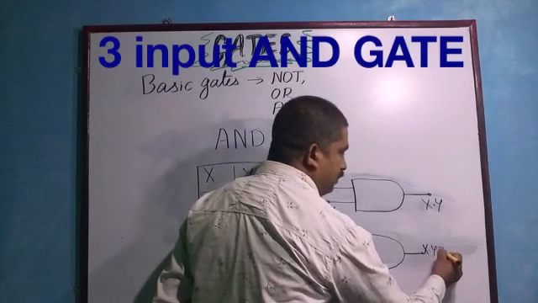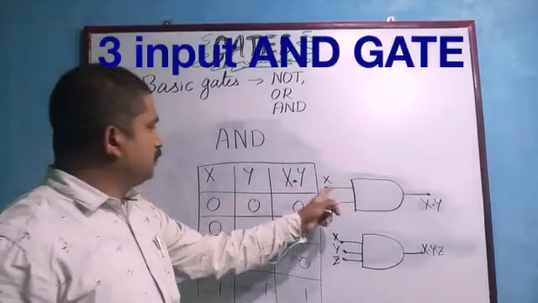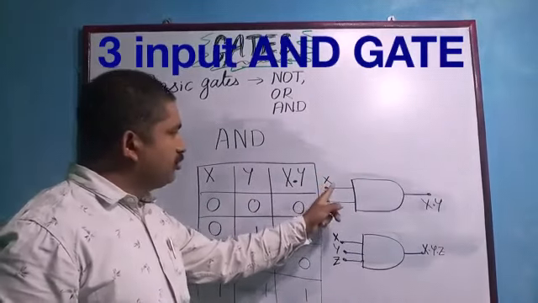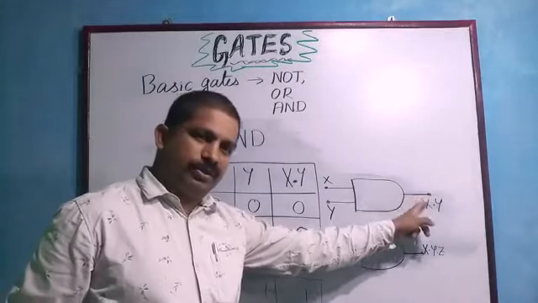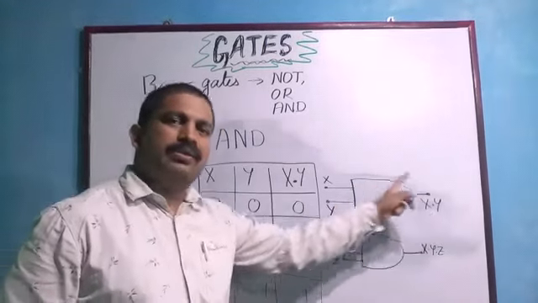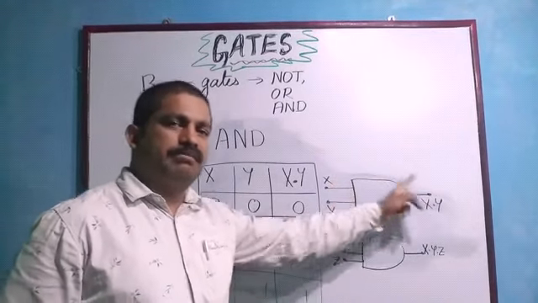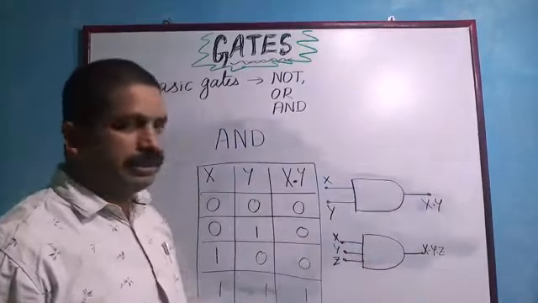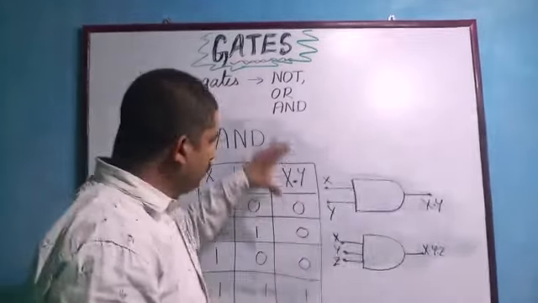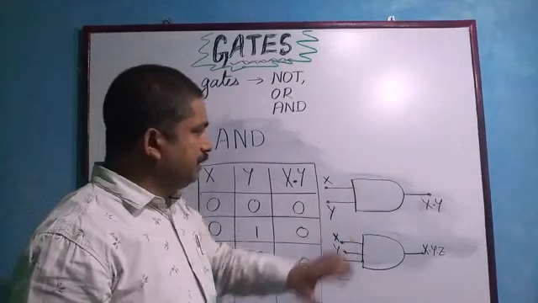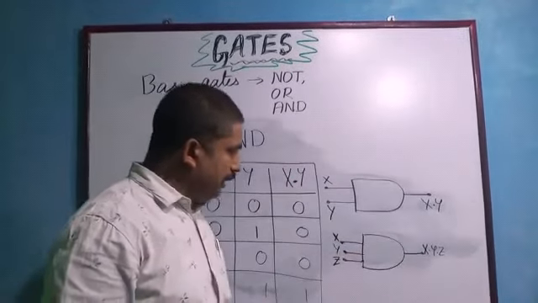X into Y into Z. Okay, here also you can put the signals 0, 0. What is the output? 0 into 0, 0. 0 into 1, 0. 1 into 0, 0. 1 into 1, 1. So like this, you can get the results. So this is about AND gate, truth table and AND gate circuit symbol. This is for 3 inputs.